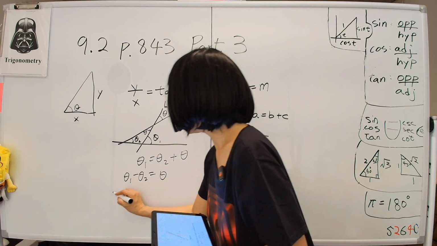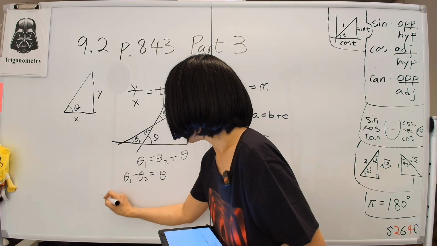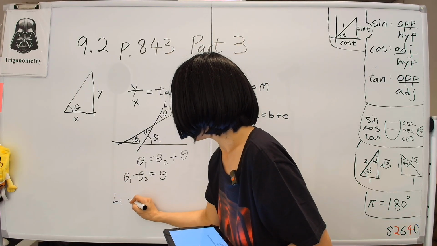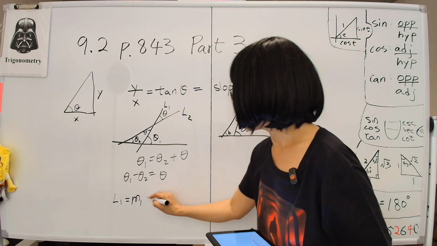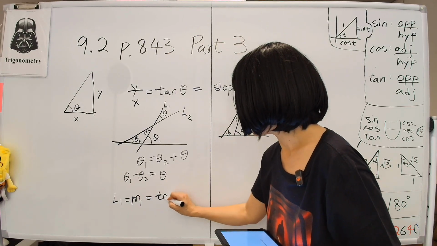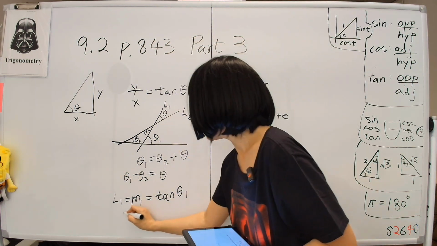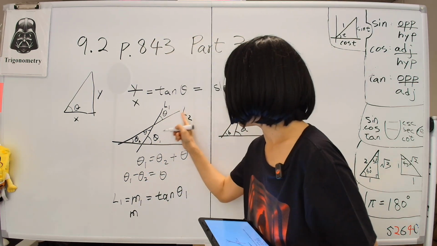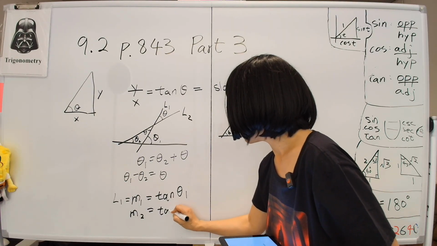So the slope of L1, we'll call it M1, is equal to tangent of theta 1. There's L1 here. Similarly, the slope of the second line L2, M2, equals tangent of theta 2.